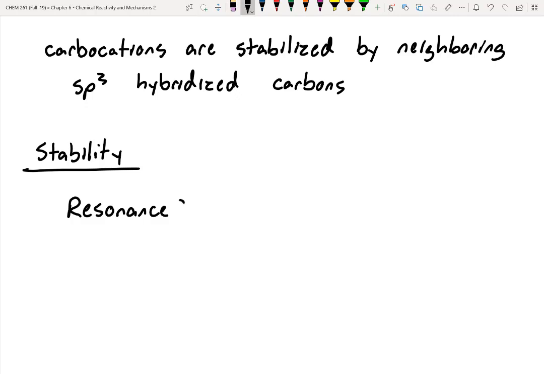So resonance is more stabilizing than tertiary carbocations, which is more stable than secondary, which is more stable than a primary carbocation, which is way more stable than a CH3 carbocation, right? So over here, we've got more stable.